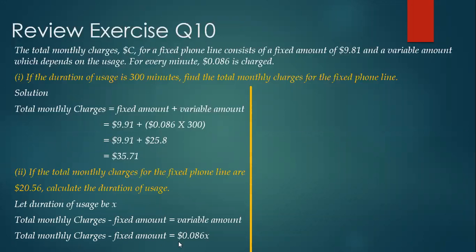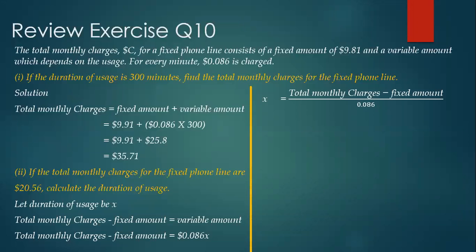Now, here we know that we are finding the usage, which is x, and we are going to now take this 0.086 as the denominator on the other side.